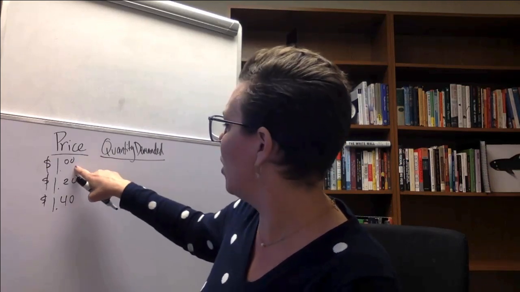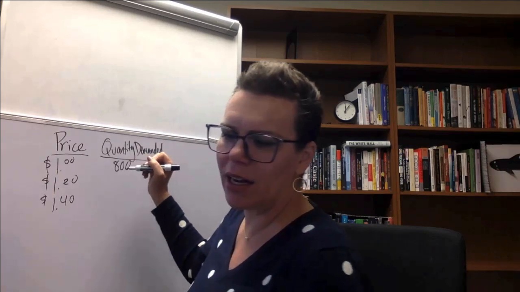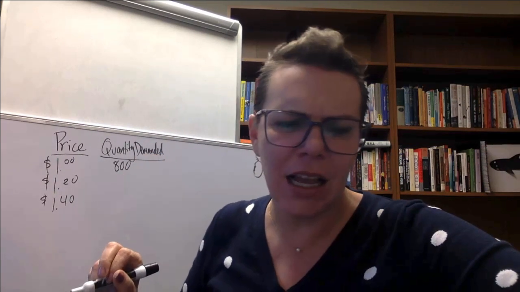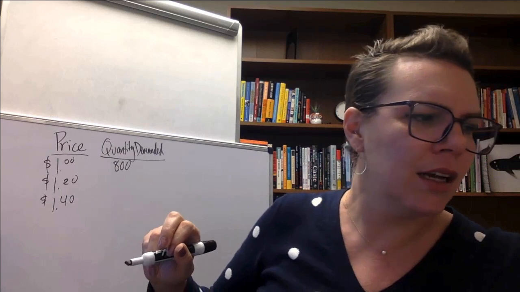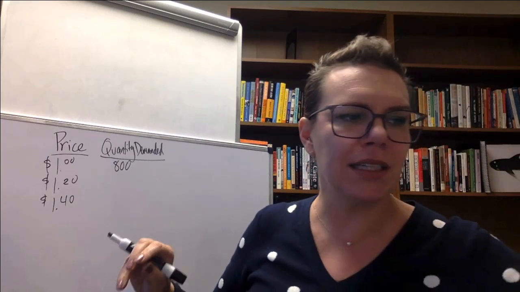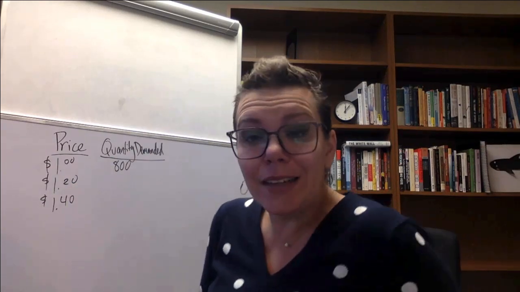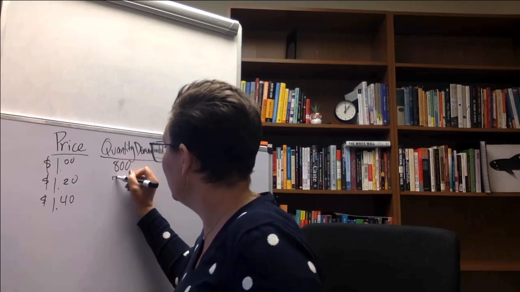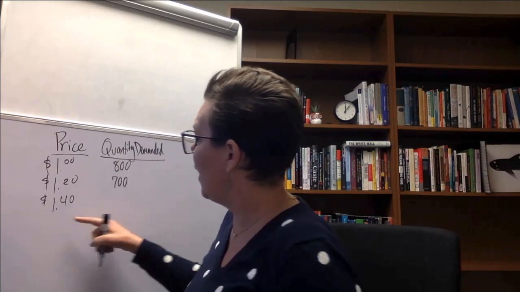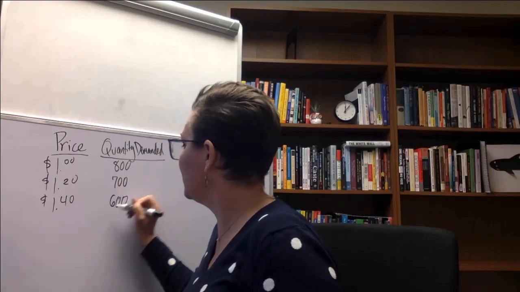So at $1, let's say the quantity demanded is 800, and I think it's in million gallons. So 800 million gallons of gasoline. At $1.20, people are going to demand a little bit less gasoline, maybe only 700 million. At $1.40, they're only going to demand, say, 600 million.